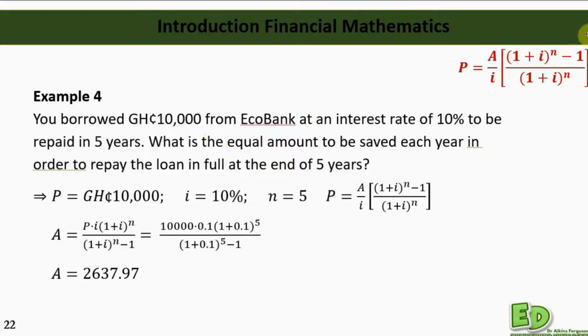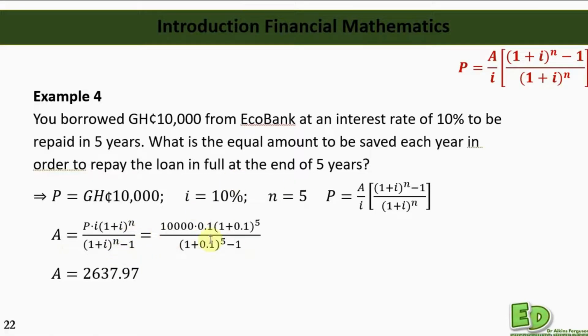So it means that from the present value of a uniform cash flow formula, we are going to make A the subject of this relation. Going through the steps, we get this formula as the annuity, or the A formula. That's the equal amount formula: it is the present value times i times 1 plus i raised to the power n, over 1 plus i raised to the power n minus 1.